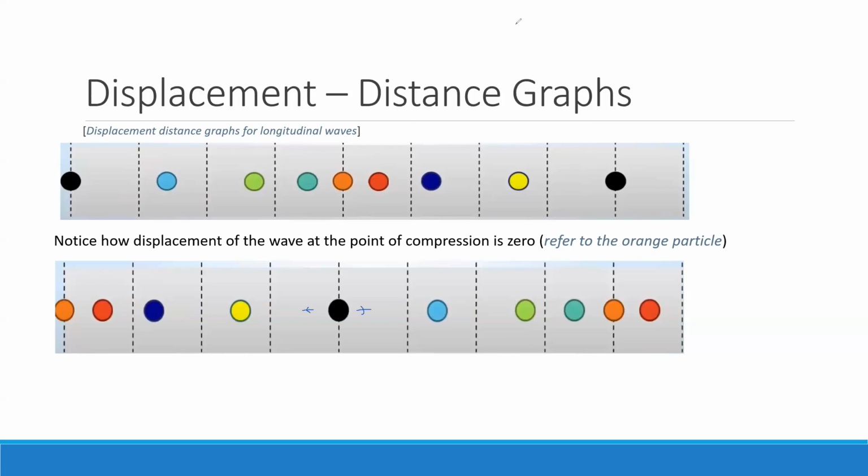Beautiful, it's literally the opposite of a compression. In a compression, the particle to the left has a positive displacement, whereas in a rarefaction, the particle to the left has a negative displacement. And the particle on the right of a compression has a negative displacement, whereas the particle on the right of a rarefaction has a positive displacement.